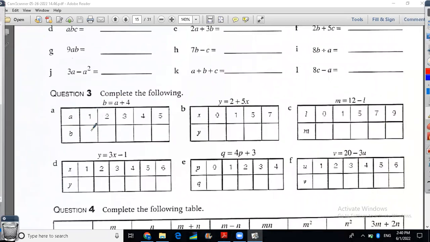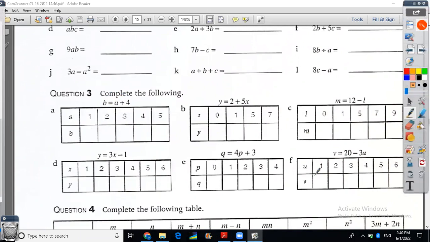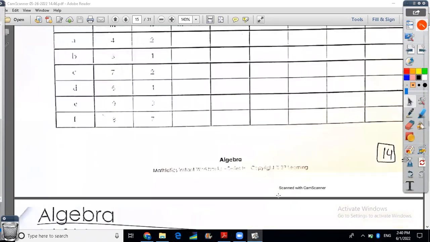So it's 1 plus 4, which is 5. Oh mister, that is a baby question. Yes, exactly. That's a question for babies. I'm sure they're going to get the full mark in it. So here, a plus 4, if a is 2, b is going to be 2 plus 4, which is 6. And so on. All right. The same thing with everything over here.